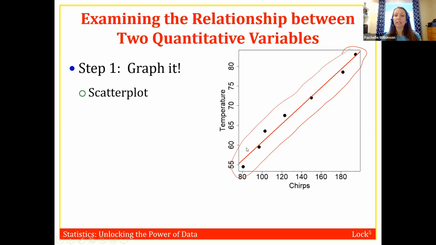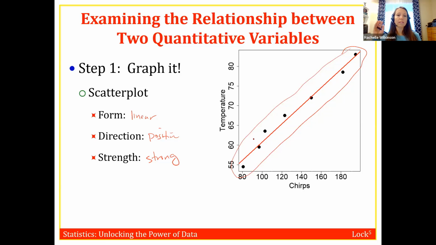And specifically on these linear relationships, how close do they get to the line? So in this case, form, we said it was linear, direction, positive, and strength was really strong because look how close they are to that line, they're practically sitting on it.